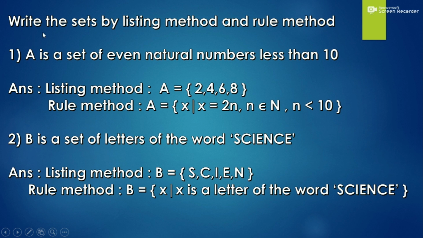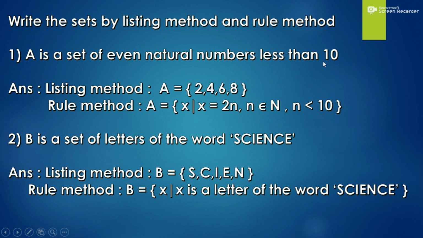Now write the sets by the listing method as well as the rule method. In these examples we have to write the set in both forms, that is listing method and rule method. First example: A is a set of even natural numbers less than 10. According to the listing method, A is equal to 2, 4, 6, 8.